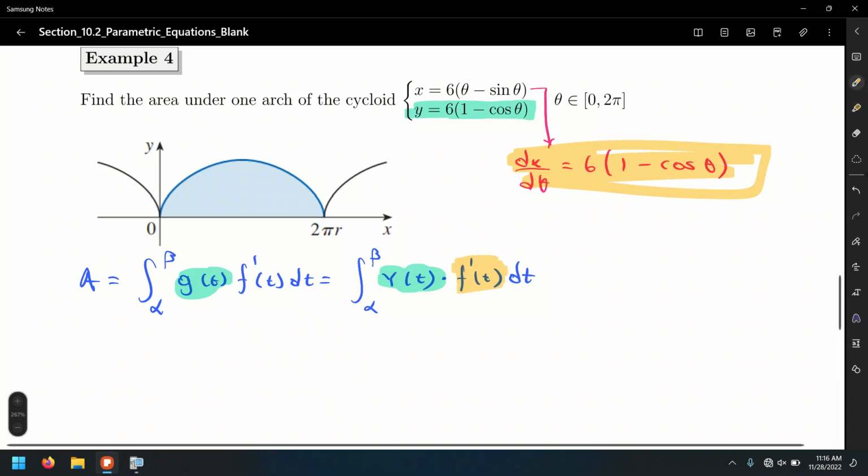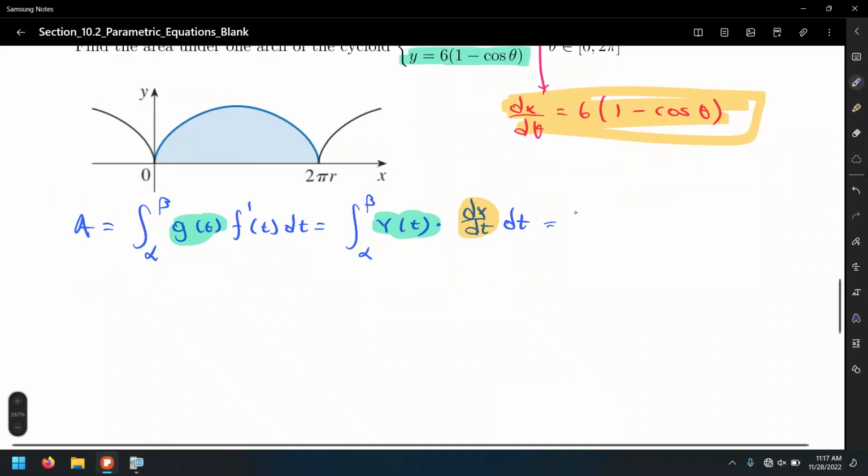All right. And wait, no. Let me actually go through. Hold on. Not f of t, but rather dx d theta, or dx dt. And in this case it is dx dt, but again, we're working with theta, which is the same, all right?